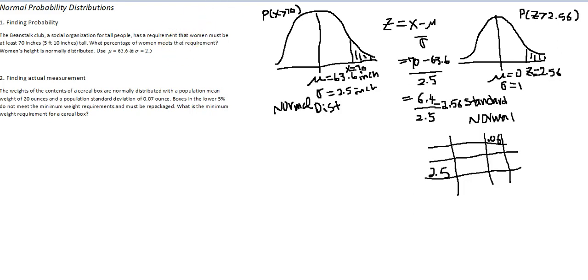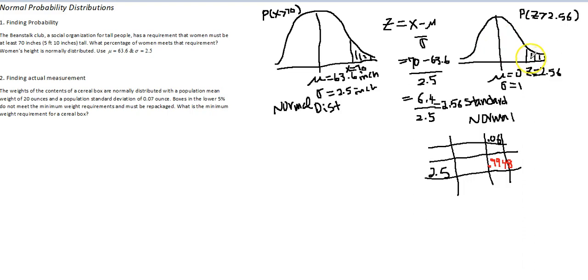Okay. So the number that I see here is 0.9948. Now remember in class when we use the normal distribution table, all these probabilities that we found represent the area coming from the left. So in other words, the area you find is always to the left.